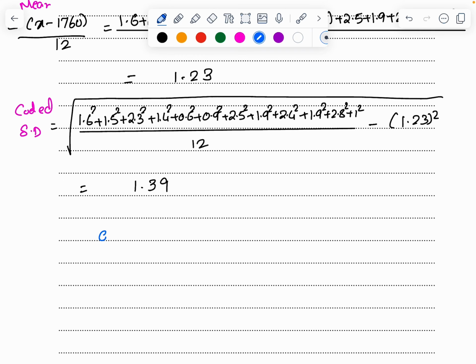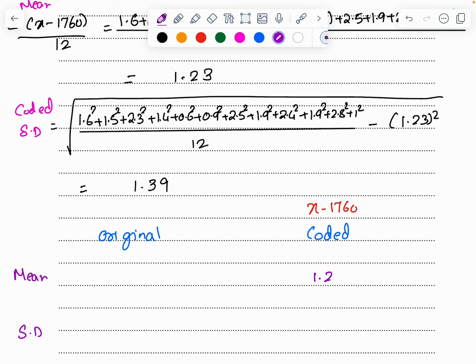Then we'll make two columns. One column is original and another column is coded, and the coding over here is x minus 1760. Now we have to find the original mean and original standard deviation.